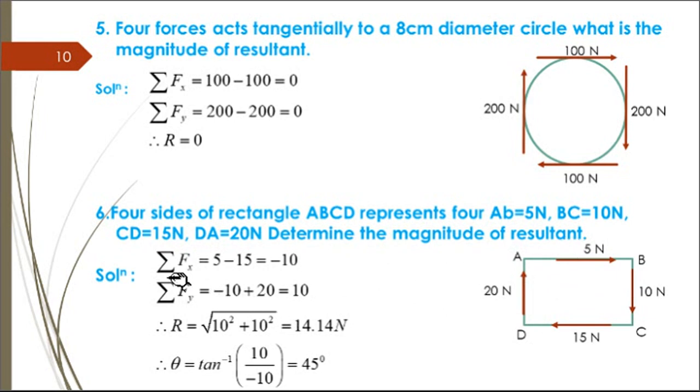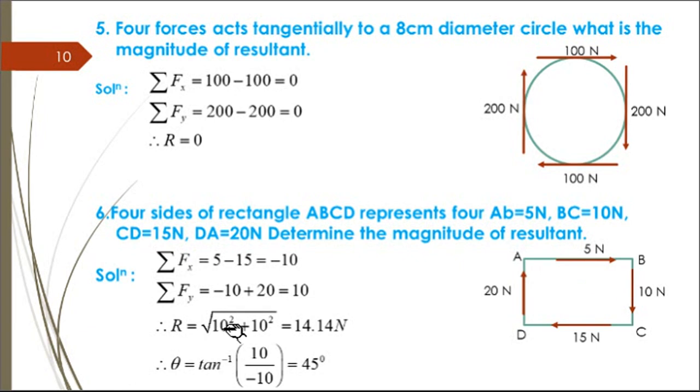So again, resultant is equal to under root of summation of Fx square plus summation of Fy square. So summation of Fx equals 5 Newton towards right, positive, then 15 Newton towards left, negative, minus 15. So summation of Fx is minus 10. Then summation of Fy, 10 Newton in downward direction, minus, 20 Newton in upward direction, plus, which is equal to 10.